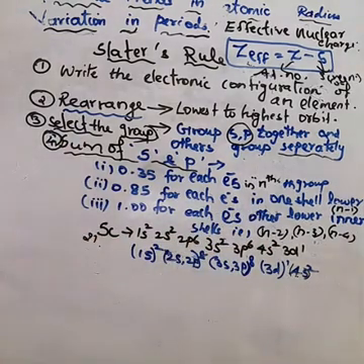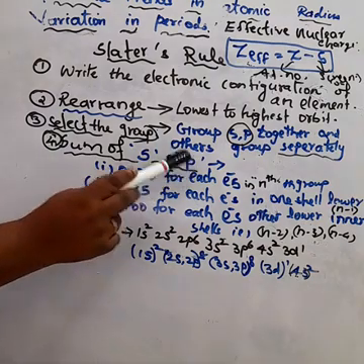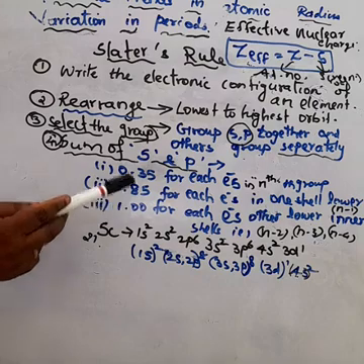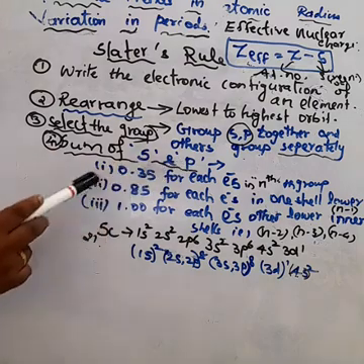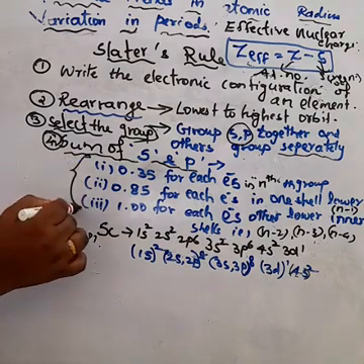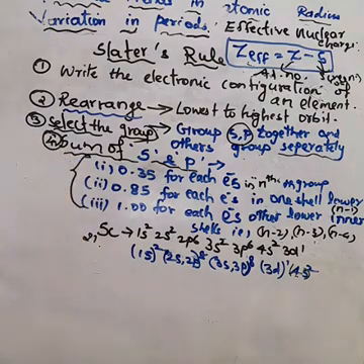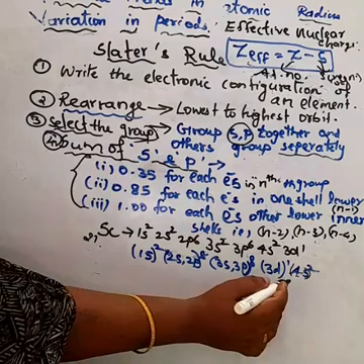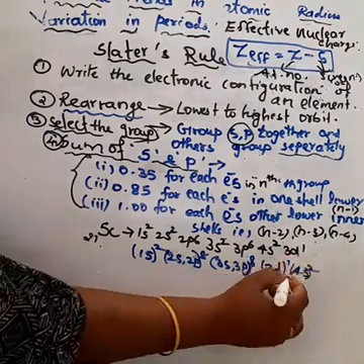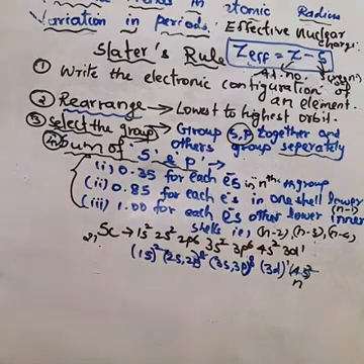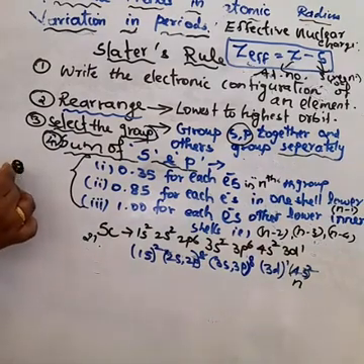For S and P orbitals in any atom, to calculate the effective nuclear charge, there are some values given by Slater's rule. Which values? Suppose I am going to calculate the 4s electron. This 4s is the outermost shell, that is the nth shell.